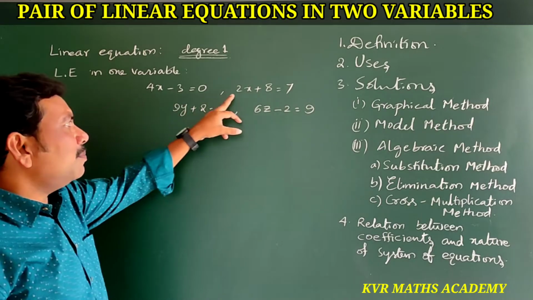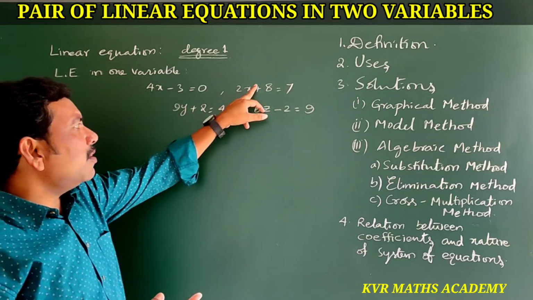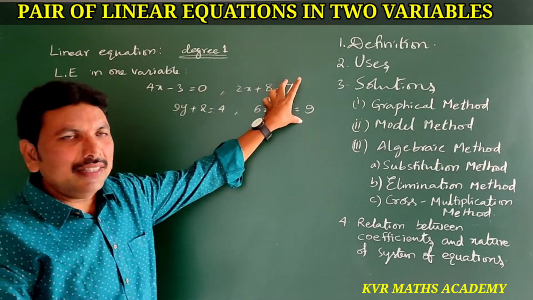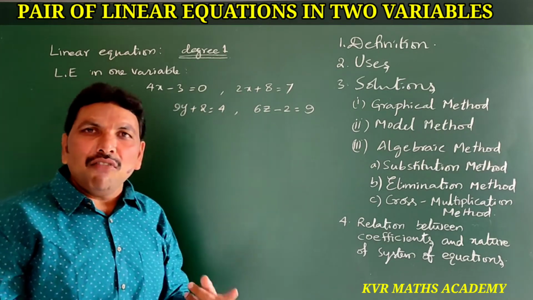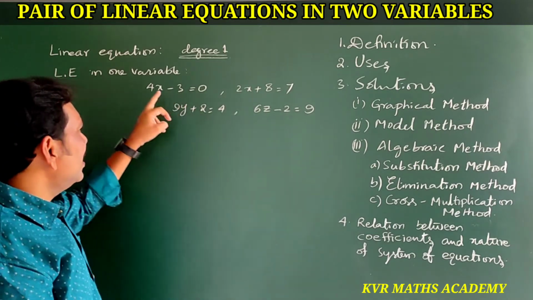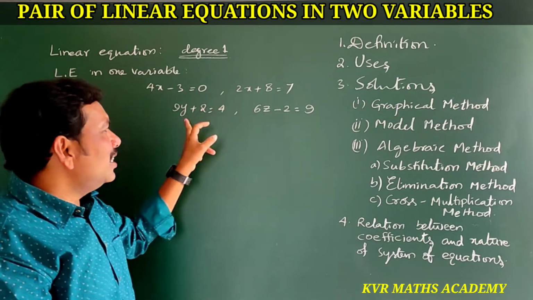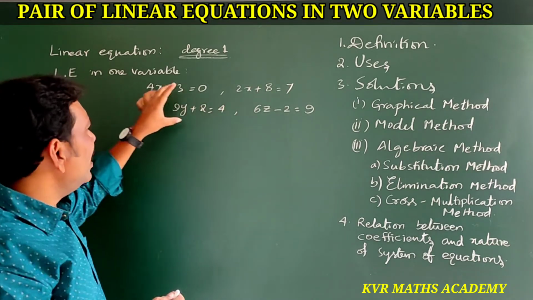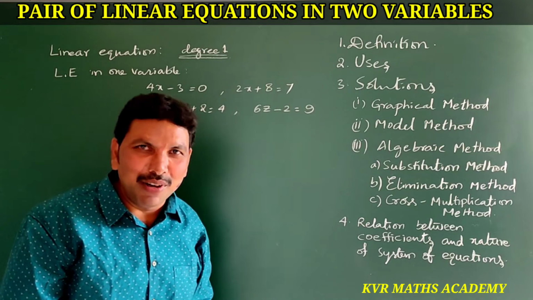Because here the highest power or degree is 1 only: x power 1, y power 1, z power 1. These are all equations consisting of one variable only: here x, here y, here z. That's why these are all called linear equations in one variable.